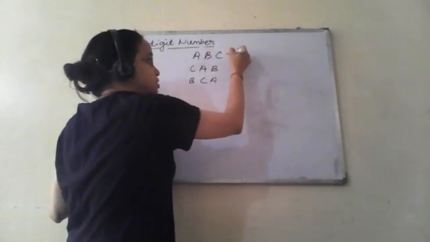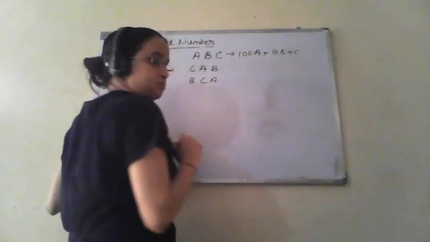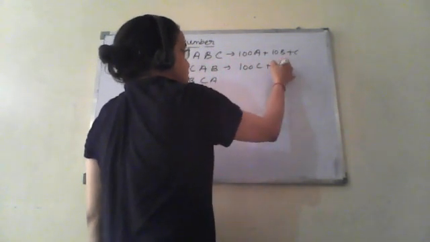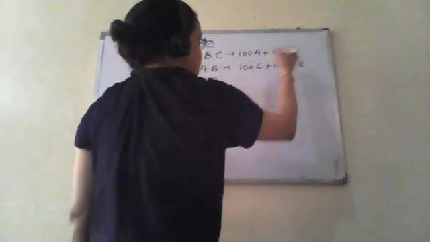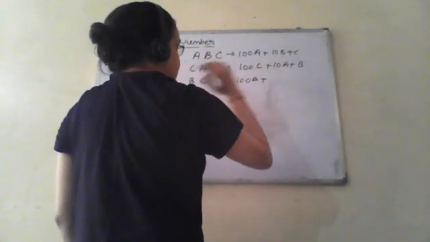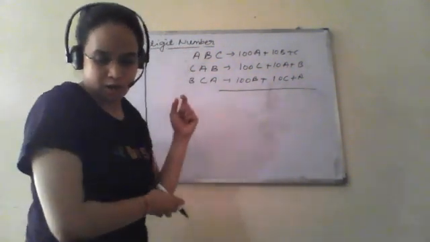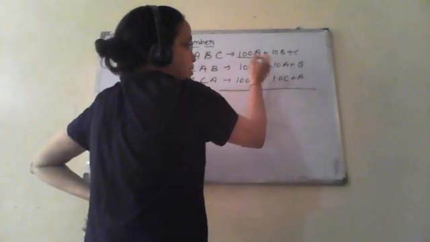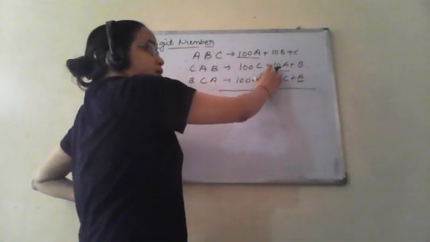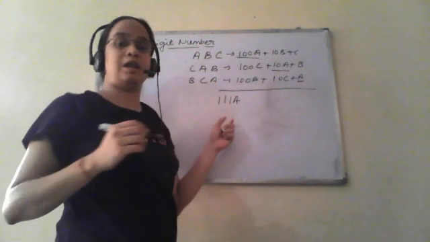Now their generalized forms will be 100A plus 10B plus C, then 100C plus 10A plus B, and then 100B plus 10C plus A. Now if I add all these three, it will become 100A, 10A and this A: 100 plus 10 plus 1 is 111A.